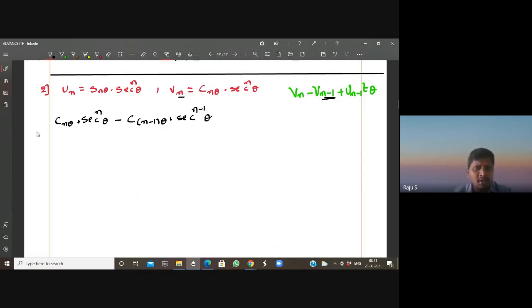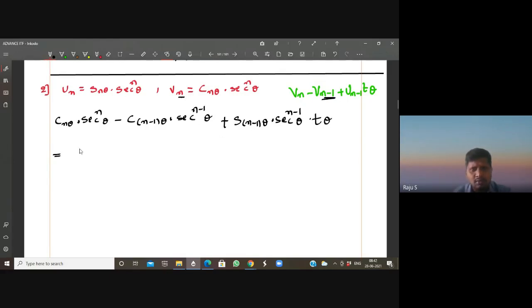See student, I am writing in a shortcut way. Try to do the problem in this shortcut way, so a lot of time will be saved. Even in physics, trigonometric functions are everywhere. Then Vn minus 1 plus Un minus 1: sine of n minus 1 theta secant to the power of n minus 1 theta into tan theta.